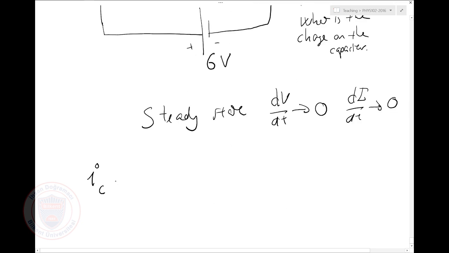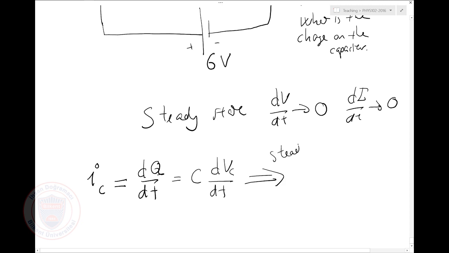Current on the capacitor is the derivative of the charge on the capacitor, which is C times dV capacitor dt. Right? So if I wait for a very long time in steady state, once the capacitor finished its charging or discharging, the current on the capacitor should be 0.